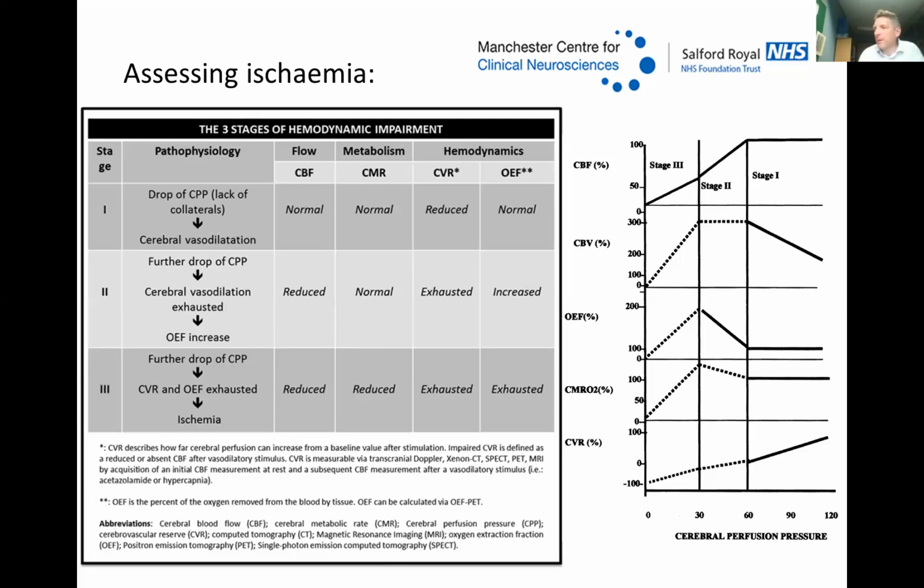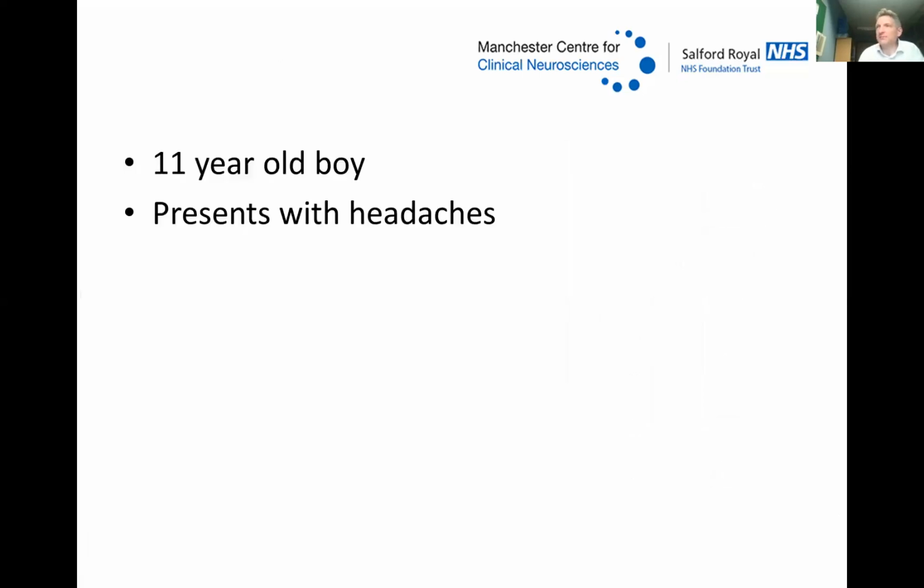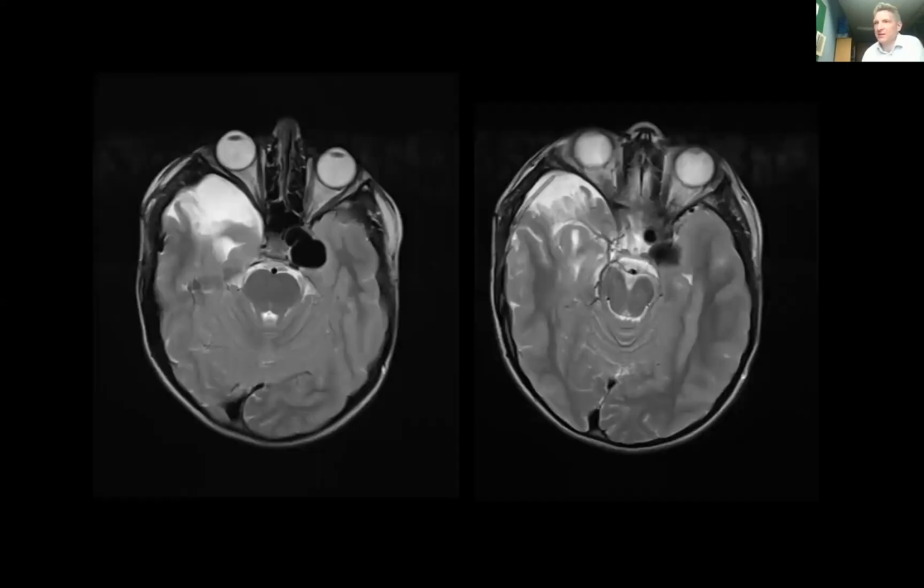So if we move away from ischemia and look at another case. This is an 11-year-old boy, and he's presented with headaches and has an MR scan. So what do you see here?